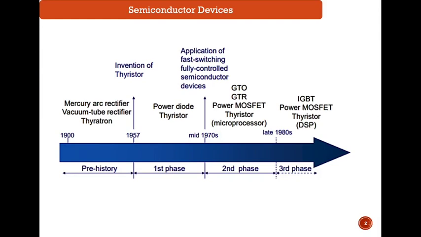If you look into the history, from 1900 till now, in 2021, you can see there are so many kinds of semiconductor devices involved, like thyristor, GTO, GTR, IGBT, power MOSFET, etc. These have evolved in different phases: first phase, second phase, and third phase, and this is still going on.